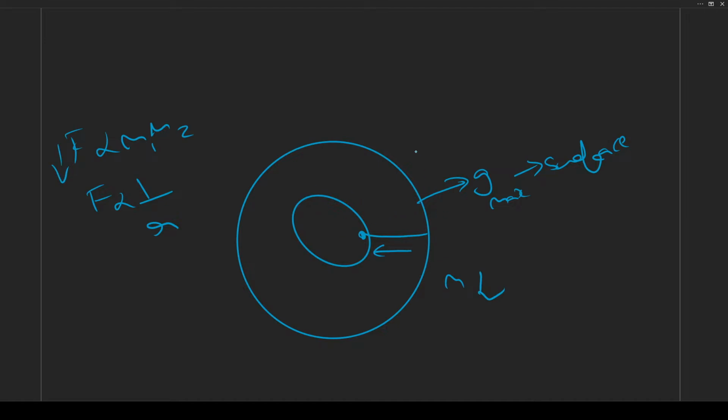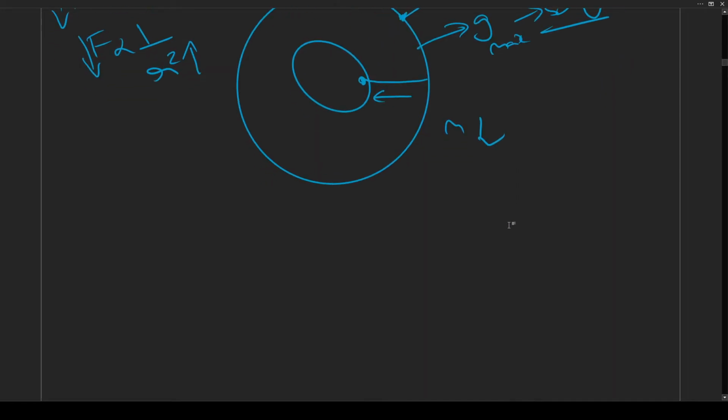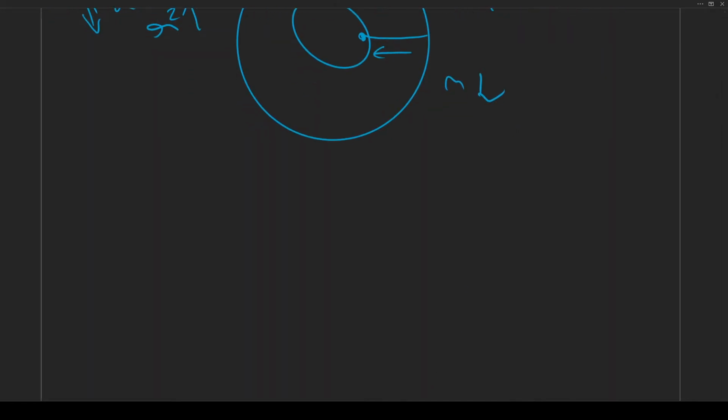But if we go above the Earth's surface, the distance keeps increasing, so the force decreases. So force and acceleration due to gravity are maximum at the surface. Important point, remember. And it goes down by 1 minus d by Re as we go towards the depth of the Earth.